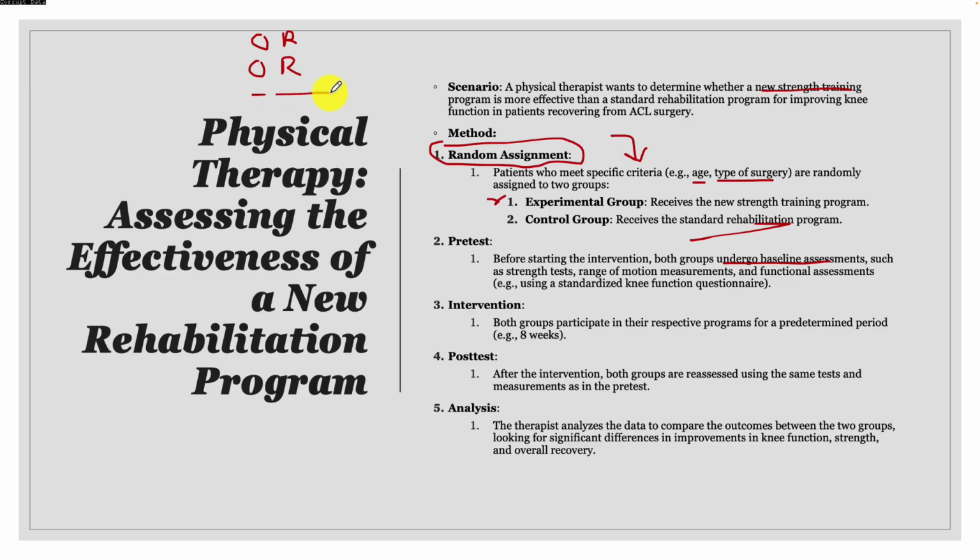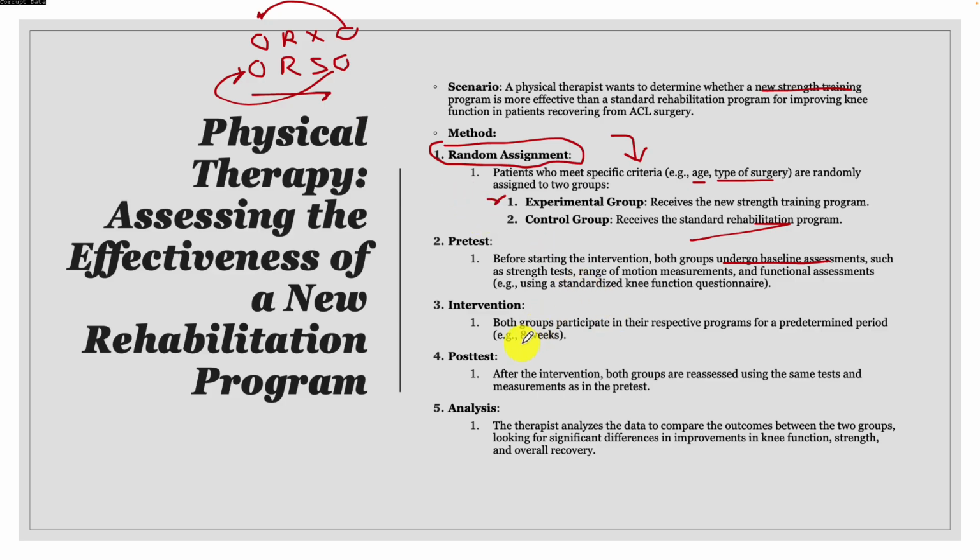Here's time, right? We know that one of them is going to get the intervention, which is this new strength training program, and the other one is going to get this standard rehabilitation program. And then we're going to do a post observation to get data to compare to baseline data, which basically we're saying, hey, did things change? Did this work better than this?